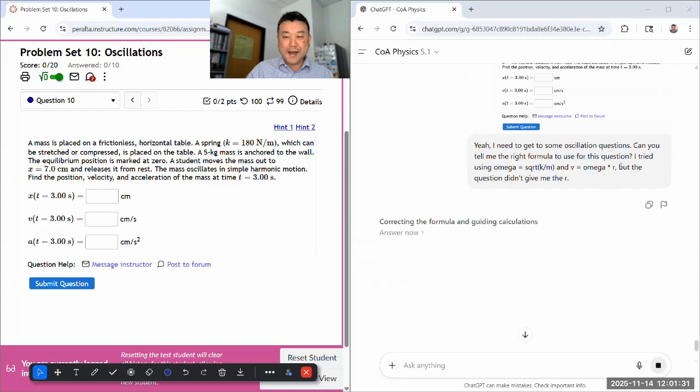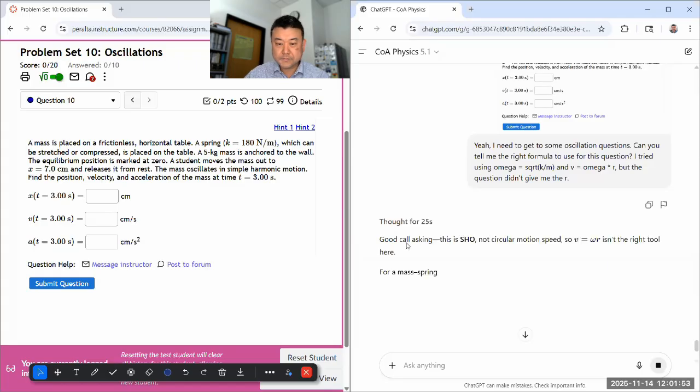I wonder how it'll respond to this question. Didn't give me the R. It's asking whether circular motion is the right tool here.